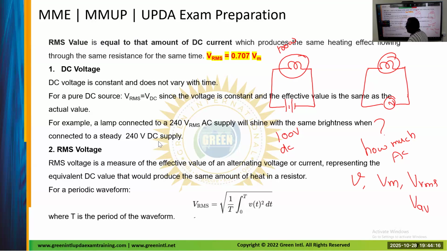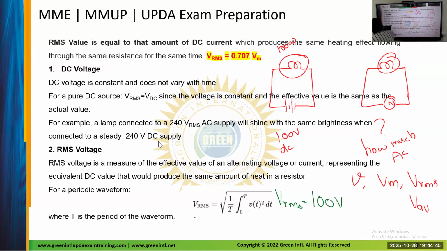To get the same brightness, we must give 100 volts AC, VRMS. That voltage refers to the RMS quantity, not the peak value, not the instantaneous value.